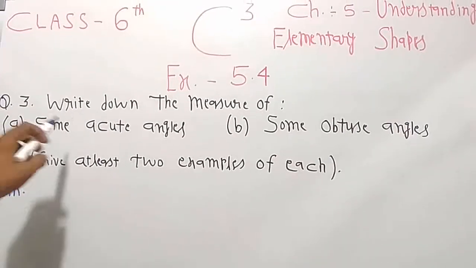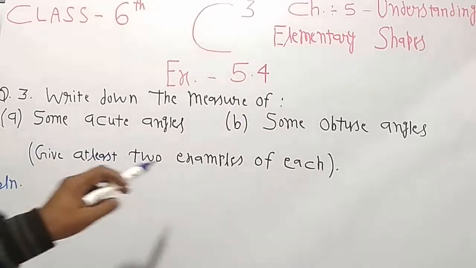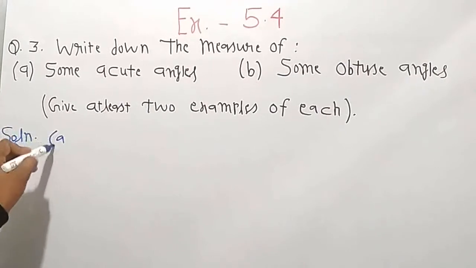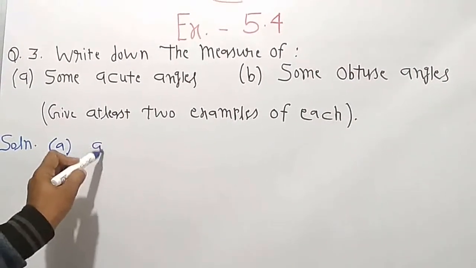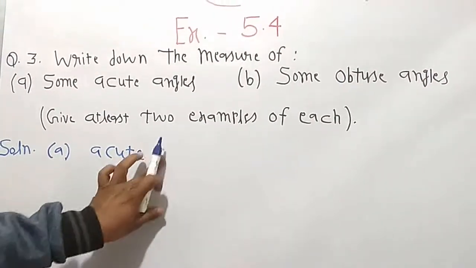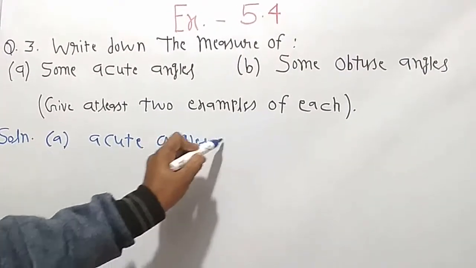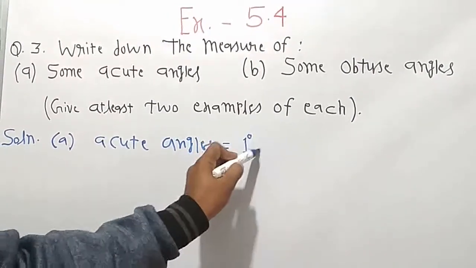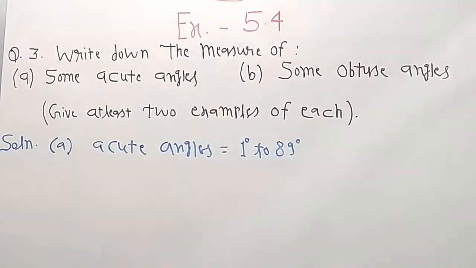Question number 3, write down the measure of part A some acute angles and part B some obtuse angles. Give at least 2 examples of each. First we write the solution of part A. Acute angles. The measurement for the acute angles is equal to 1 degree to 89 degree.